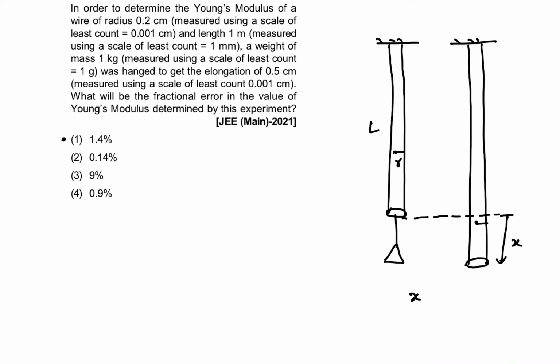At the same time, the radius will reduce. Now whatever the extension is, I am taking x. x is the extension in the wire.